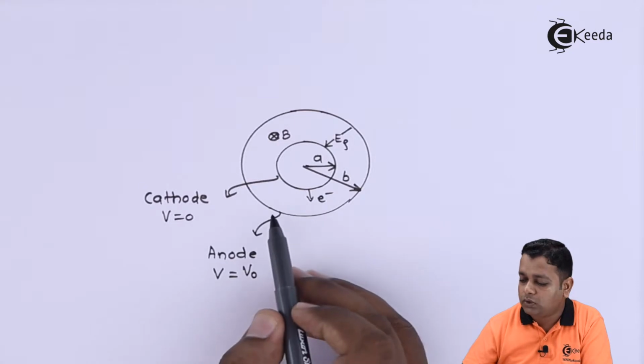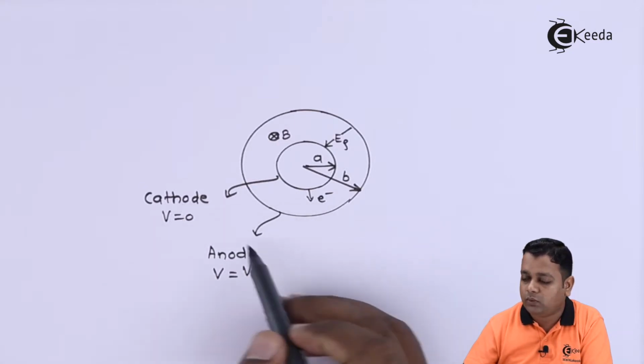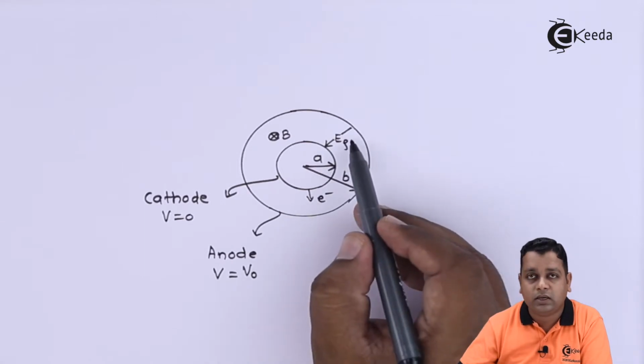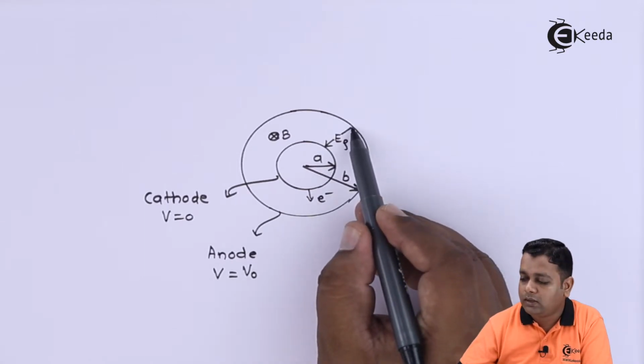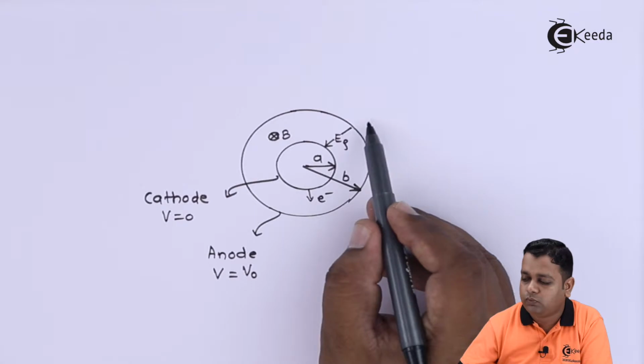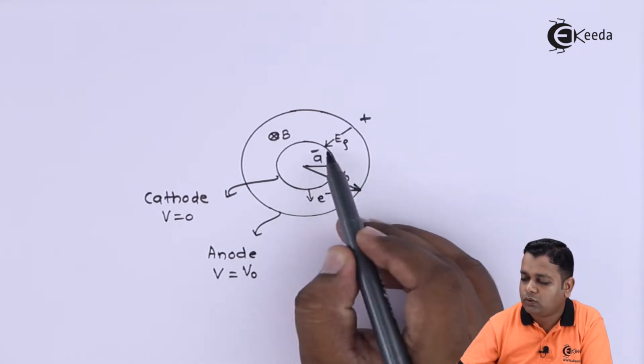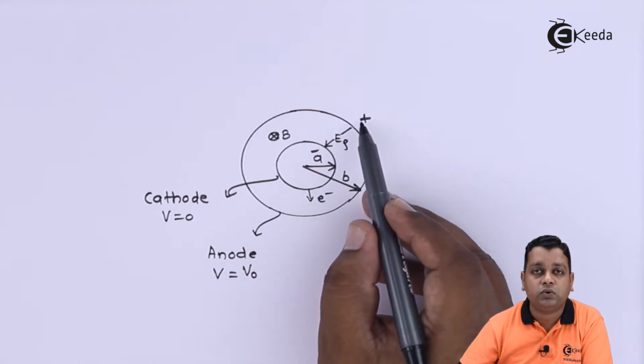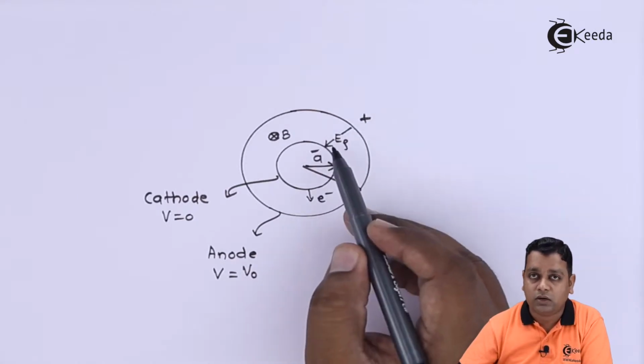Because of the applied potential between cathode and anode, that is V0, the electric field will be directed from the anode terminal, which is positive, to the cathode terminal, which is negative. So this is the direction, which is the radially inward direction.